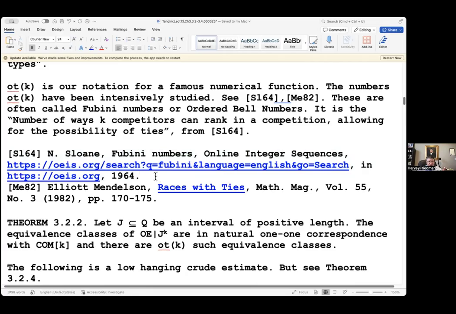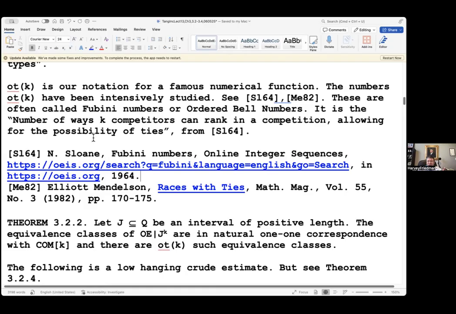And there's an interpretation of what this means. It's the number of ways k horses can rank in a horse race, allowing for the possibility of ties. That's how Sloane talks about it. In other words, the score sheet on the horses: who came in first, who second, third, including possible ties.